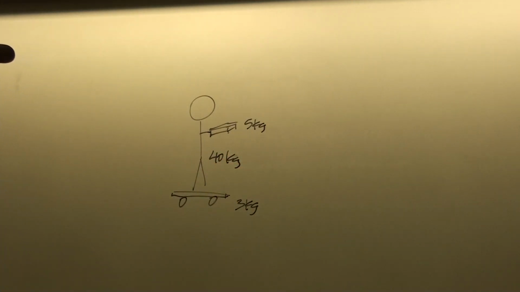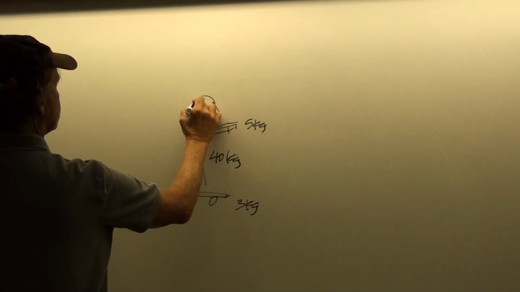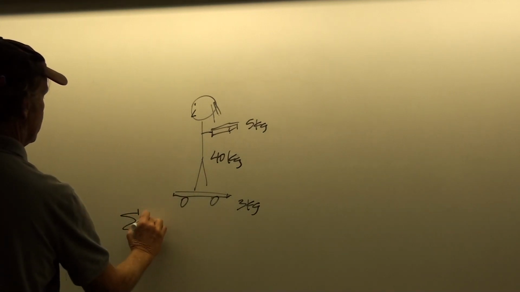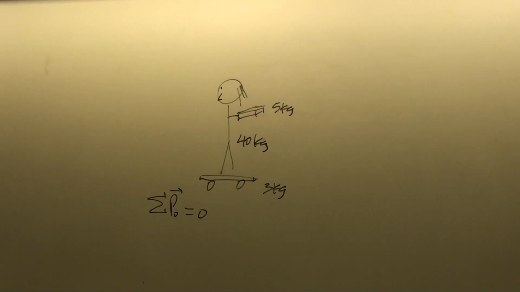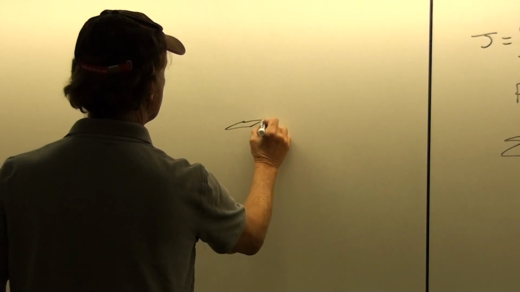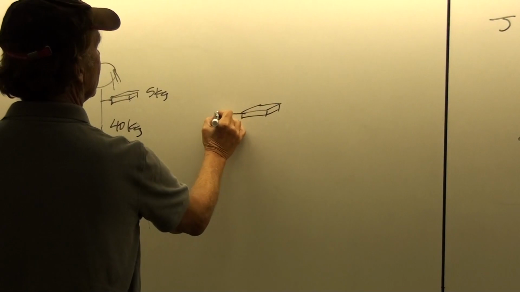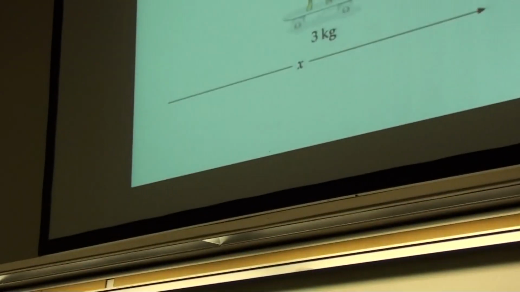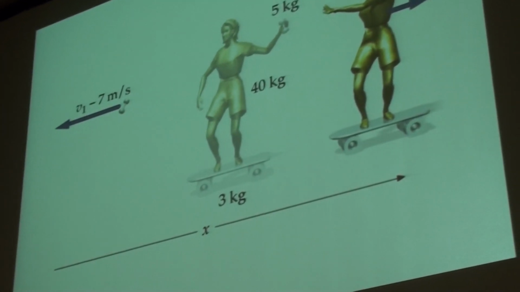So the initial momentum before she throws the book is 0. So the sum of P naught is 0 because nothing's moving before the interaction. But then she throws the book, and now the book is moving with a velocity v2, we can call it here, equal to -7 meters per second.